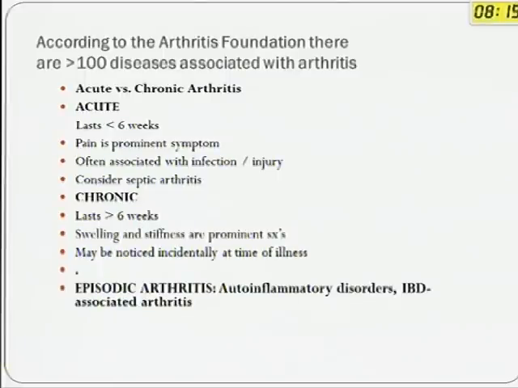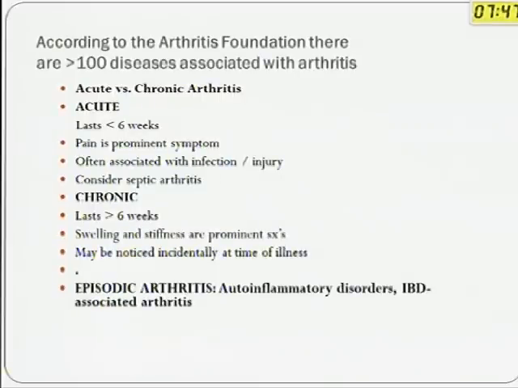Okay, so now there are many causes for arthritis, but if we look largely at acute arthritis in children, for the sake of convenience, we say arthritis presenting less than 6 weeks is acute, and usually these children have a lot of pain, and usually this is related to infection in the form of either septic arthritis or a reactive arthritis or related to injury.